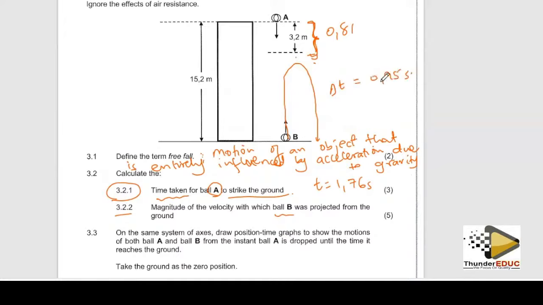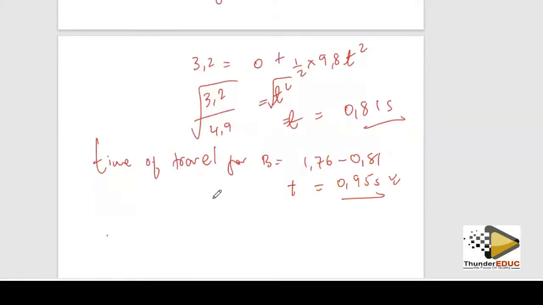So I'm going to take my displacement at that point. My displacement I'm going to take as 0, because it went up with a positive displacement and then it came down to the point of projection. So my displacement is 0. My time is this. I need my initial velocity.